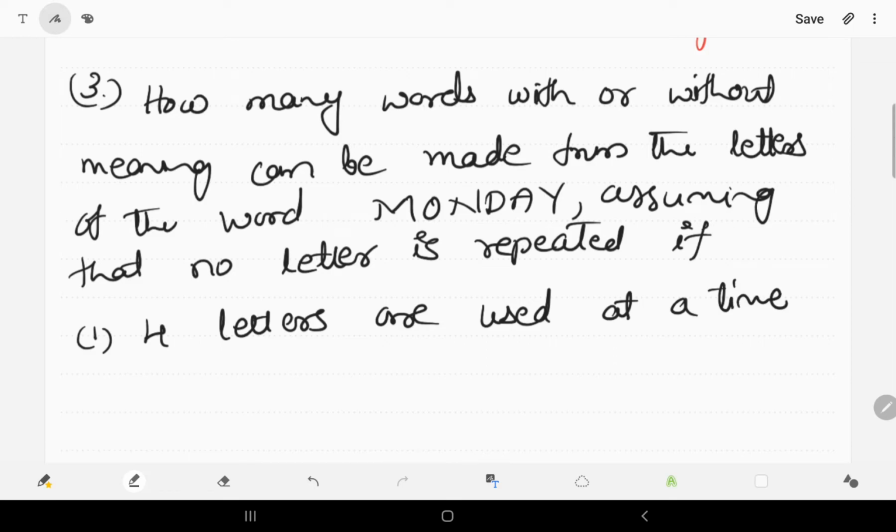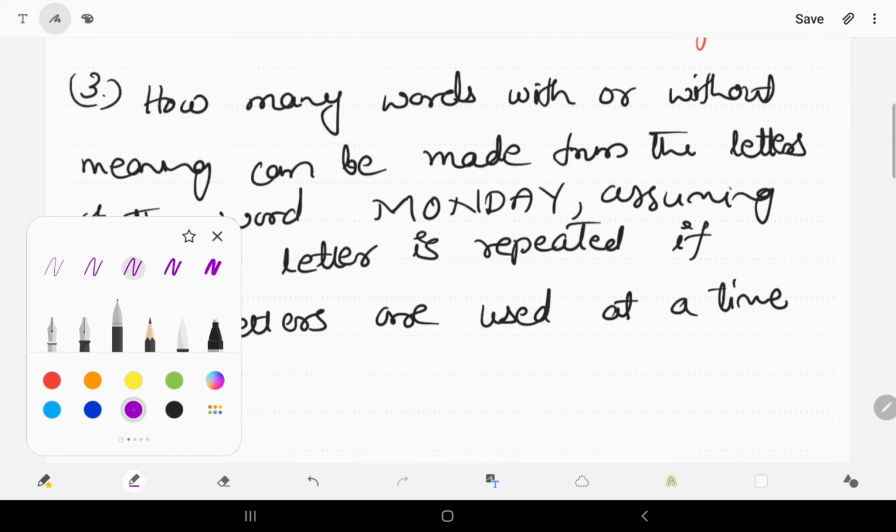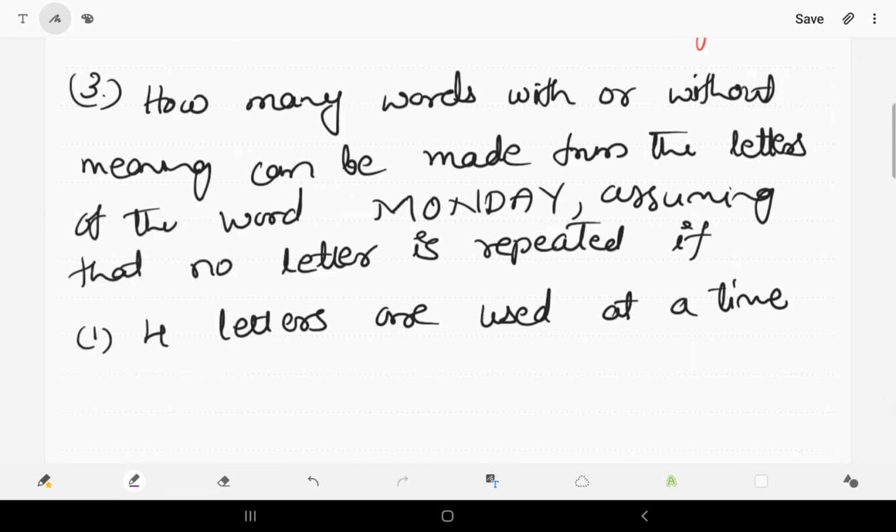Okay, see here we are using the word MONDAY. The total number of letters in MONDAY is 6. 4 letters are used at a time, so repetition is not possible.